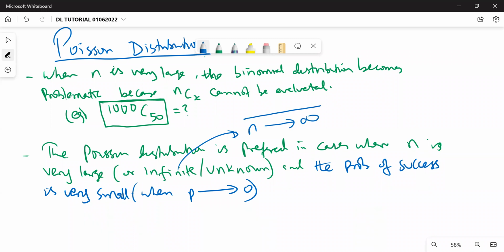These are the scenarios when the Poisson distribution is preferred. When n is very large, or infinite, or approaches infinity, and the probability of success is very small or approaches 0. Those two.